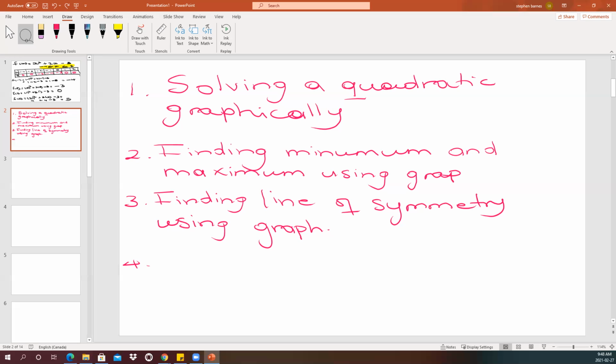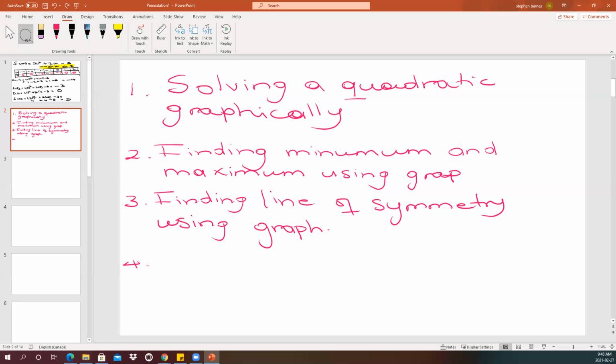We're also going to be looking at some properties of these types of graphs, graphs that come as a result of using a quadratic function, namely the maximum, the minimum, as well as the line of symmetry. And then we're going to look at finding them without using the graph.